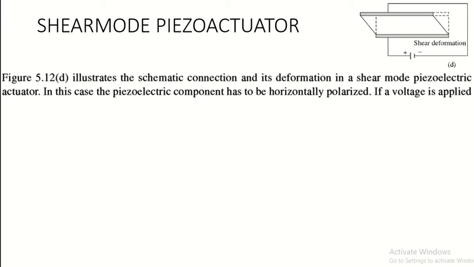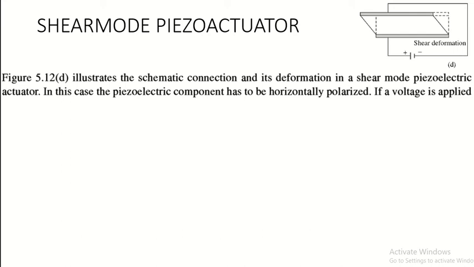So here, when the deformation is taking place in a shear mode direction, or the forces are generated on the tangential surface of a material, then it is considered a shear mode piezo actuator. In this case, it is important that the piezoelectric component needs to be horizontally polarized.